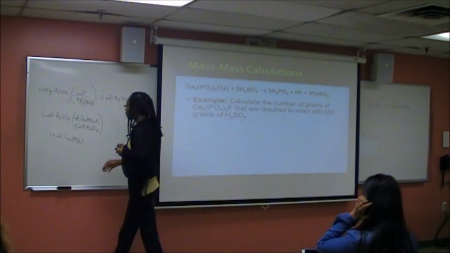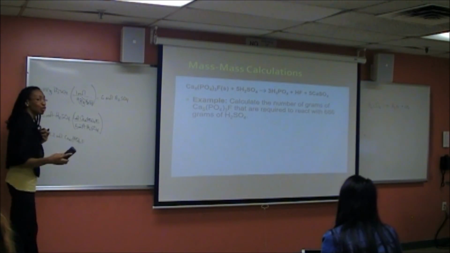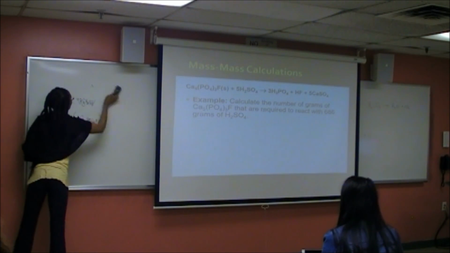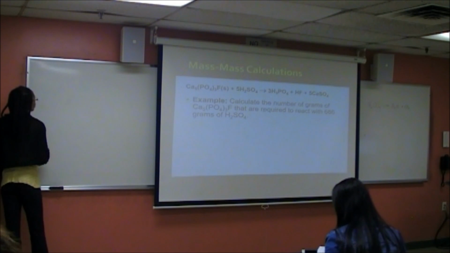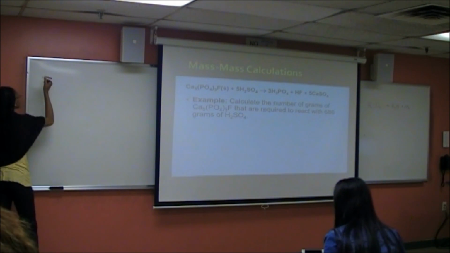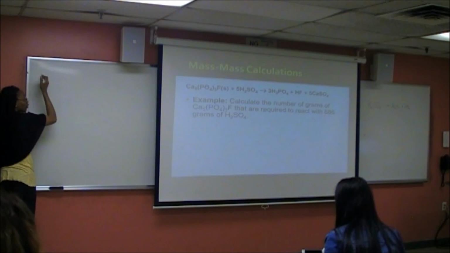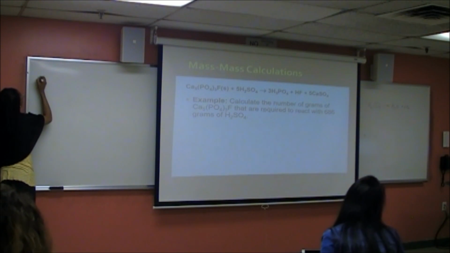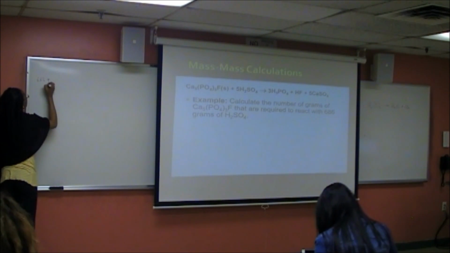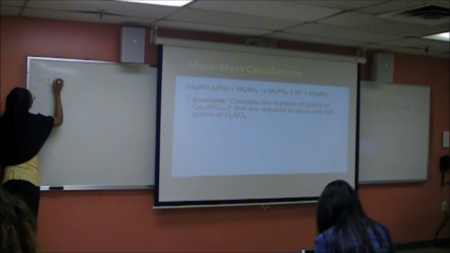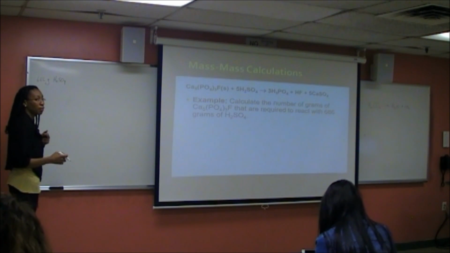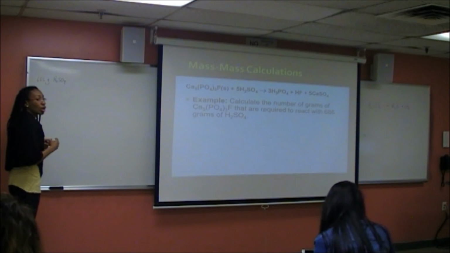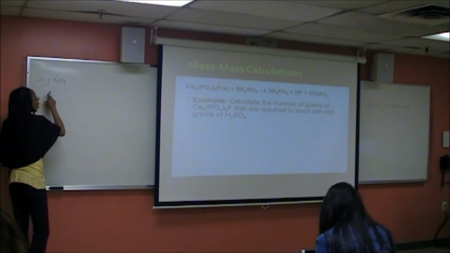So now we have 3 sets of conversions to do, right? What's your first one? Grams to moles. What's your first given? 686 grams of sulfuric acid. What do we need to do now? Convert this to moles.